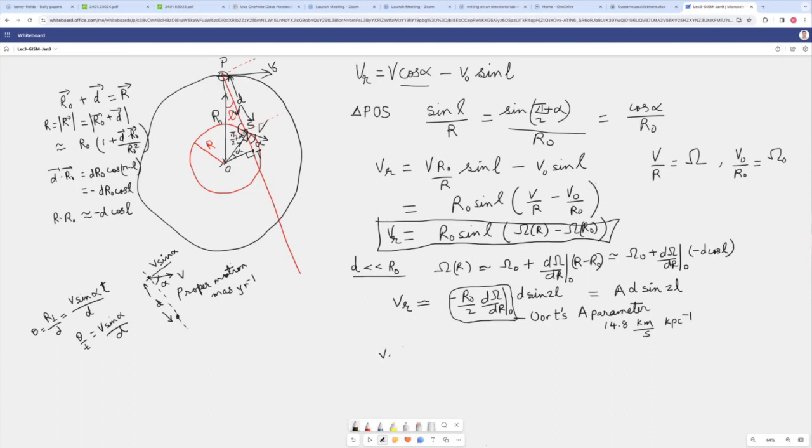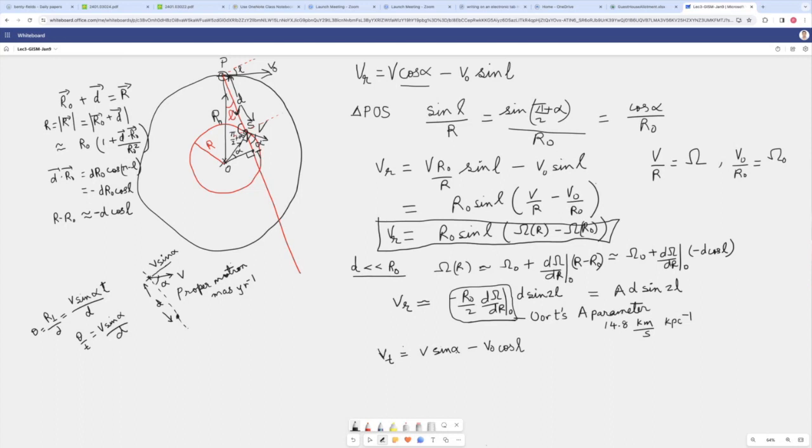V transverse, the relative velocity in the transverse direction to the line of sight, is v sine alpha minus v naught. So this is L, 90 minus L. So this will be L also. This angle will be L. So v naught cos L. So this is the transverse velocity that will help us get the proper motion.